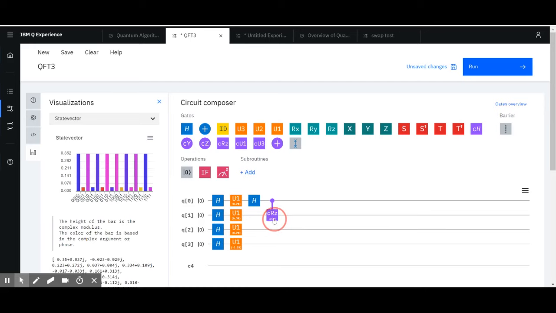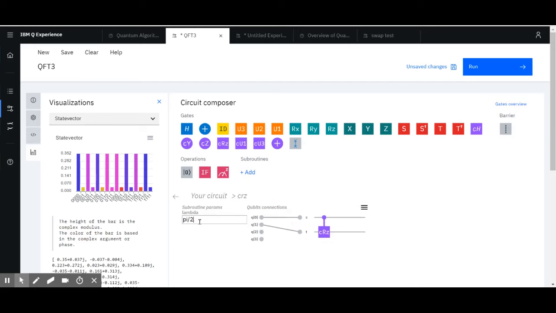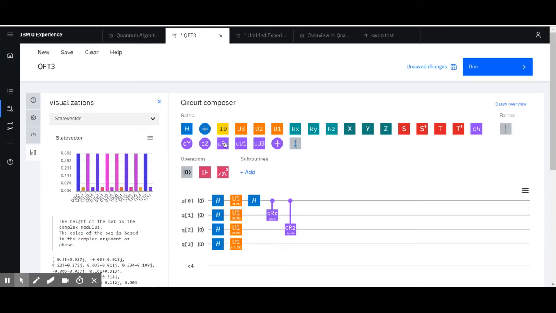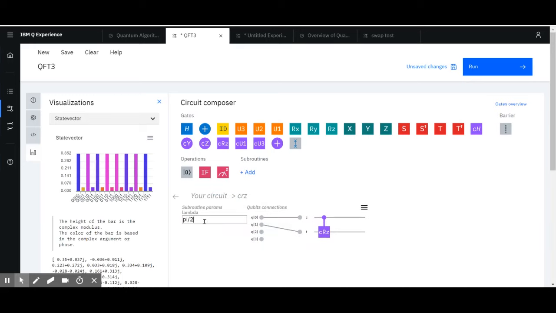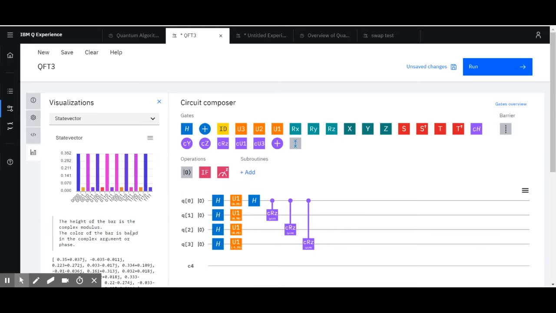So it's pi divided by 2. Then the next one is pi divided by 4, but like this. The next one is pi divided by 8, but this. Exactly.